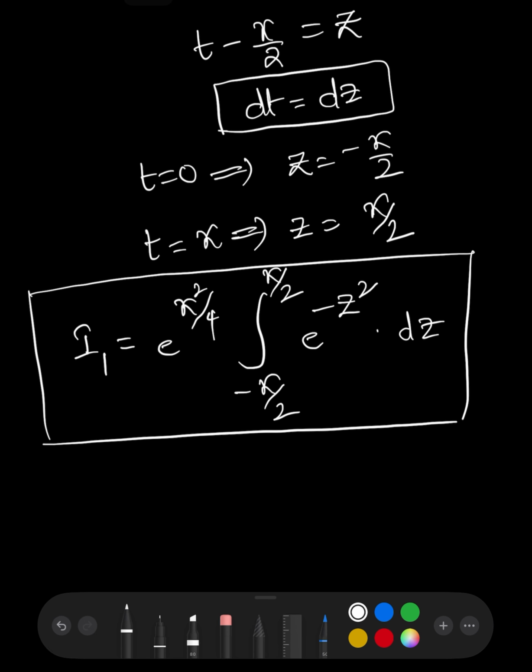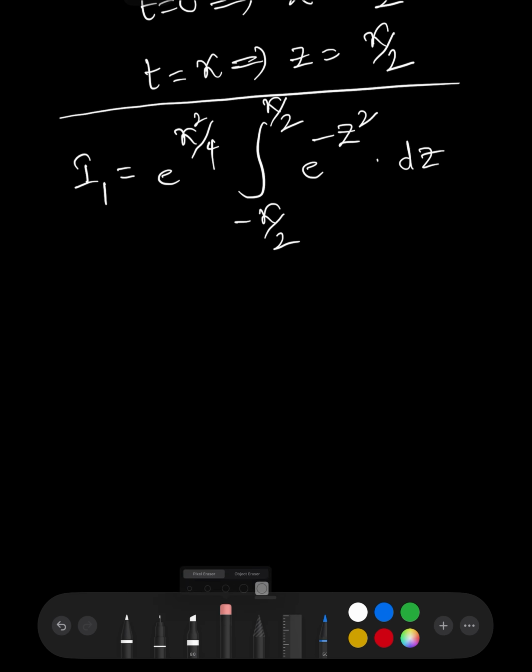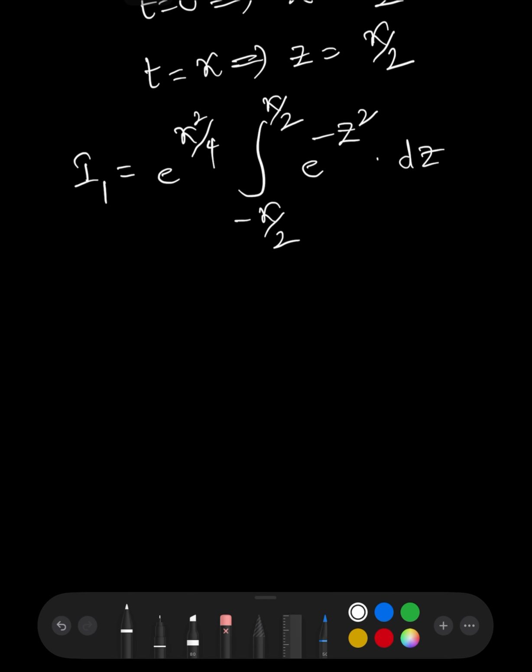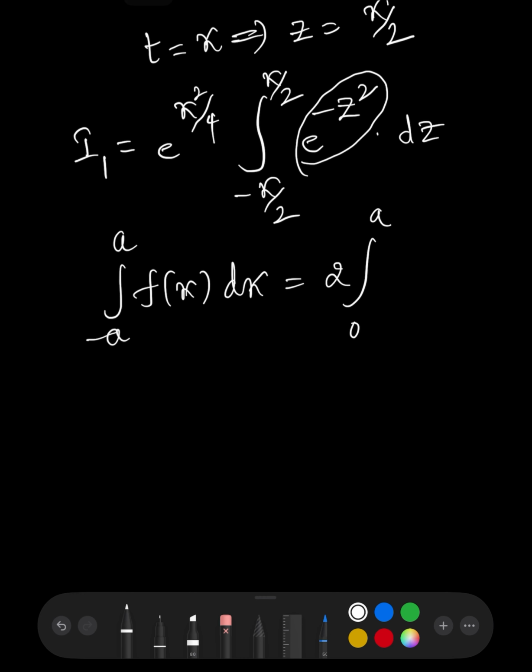Next, if you want to simplify I1 further, see this. e^(-z²) is an even function, and for an even function, the integral from -a to a of f(x) dx equals 2 times the integral from 0 to a of f(x) dx.